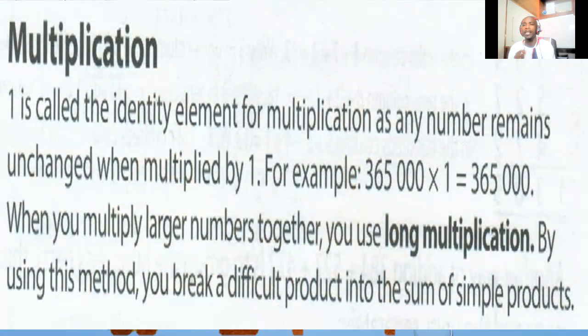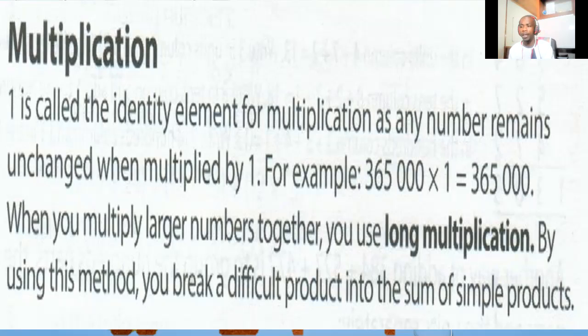This element is that all the numbers it multiplies, except 0, don't change. All the whole numbers that are multiplied by 1 cannot be changed. 1 cannot change any whole number.